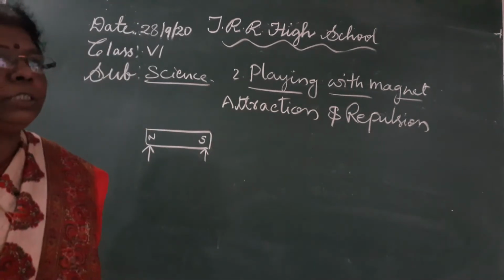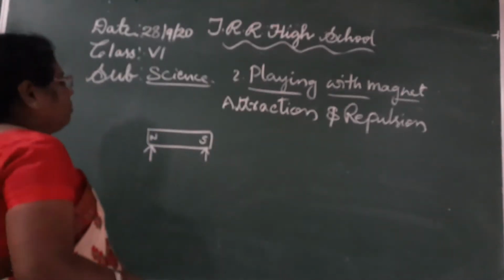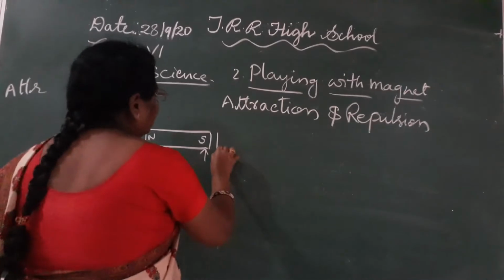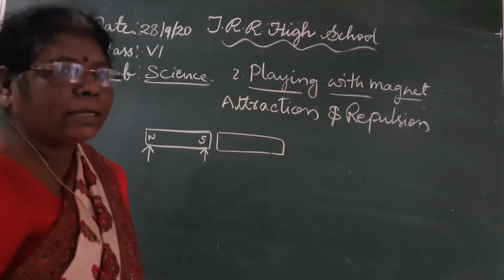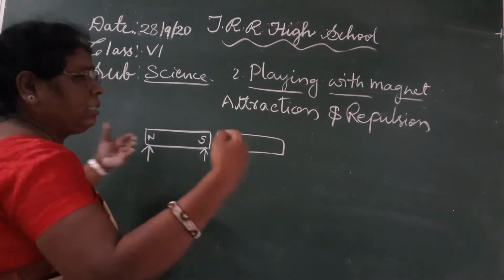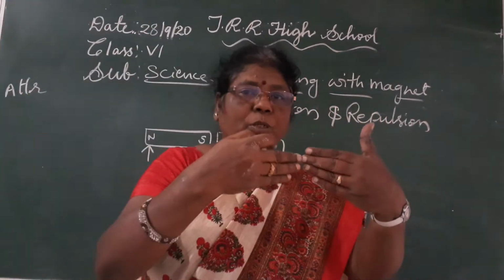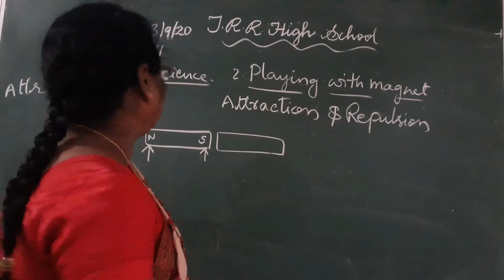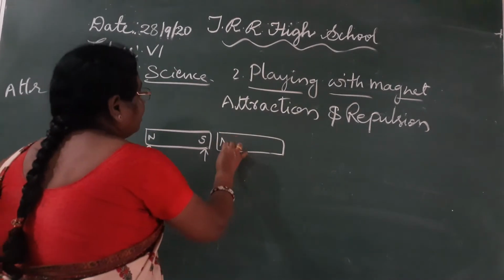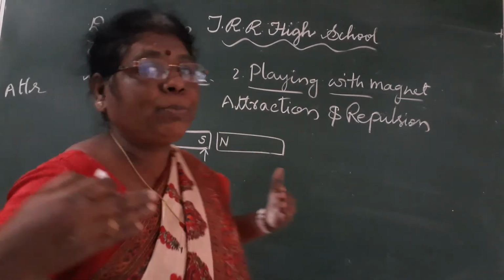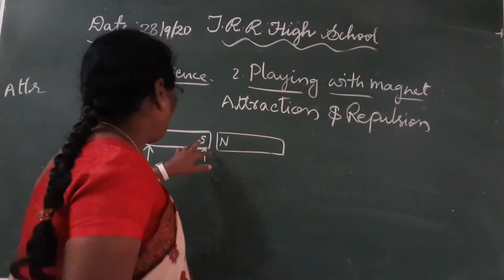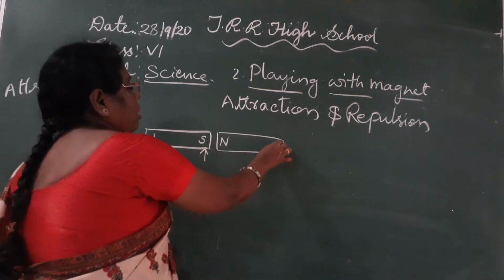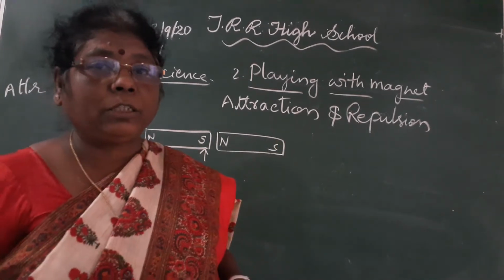Take two magnets and bring them near to each other. You find attraction between the two bar magnets. How? This north pole and south pole attract each other.